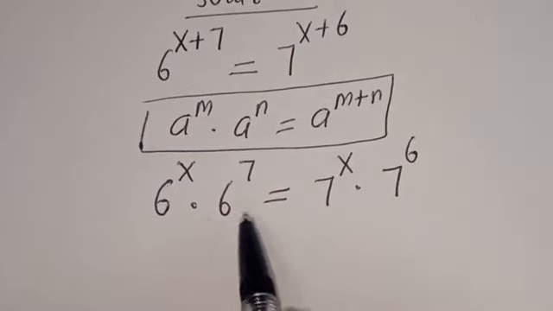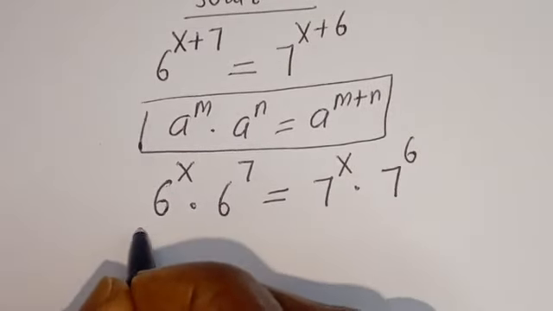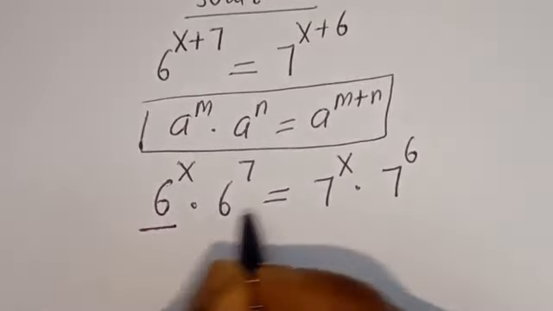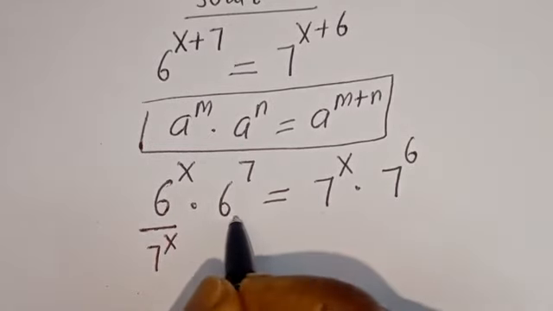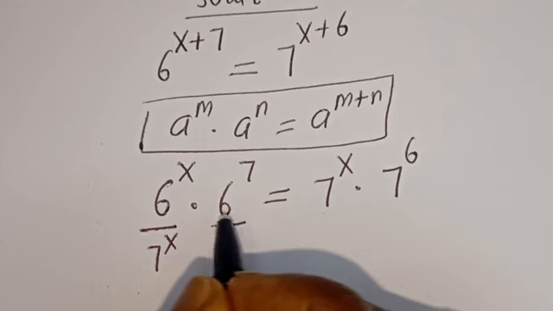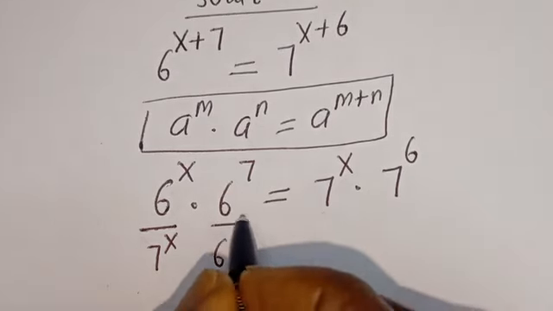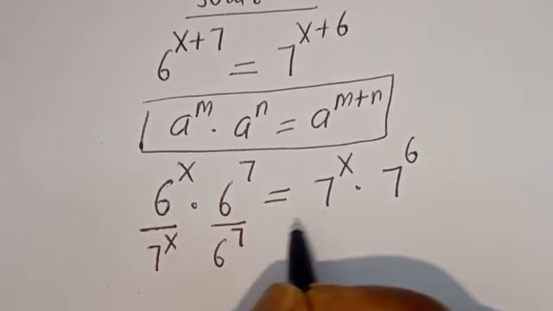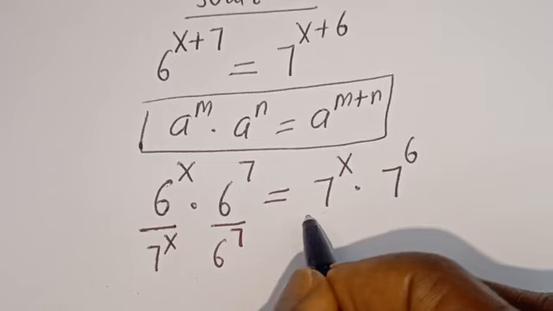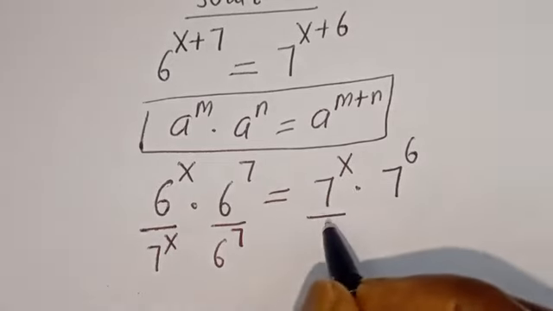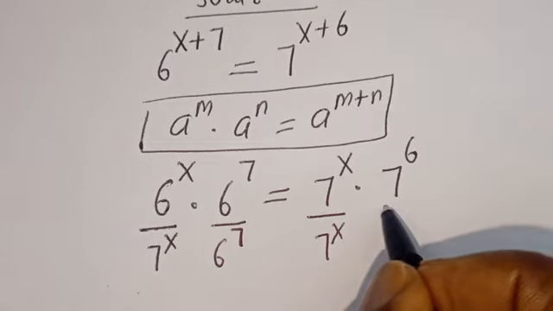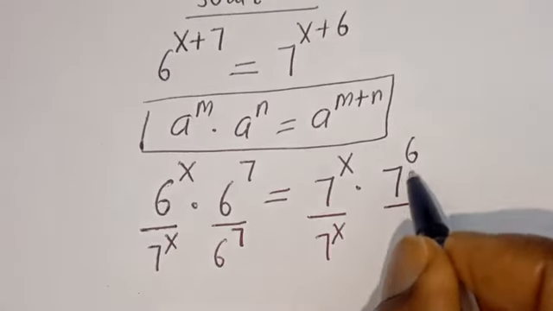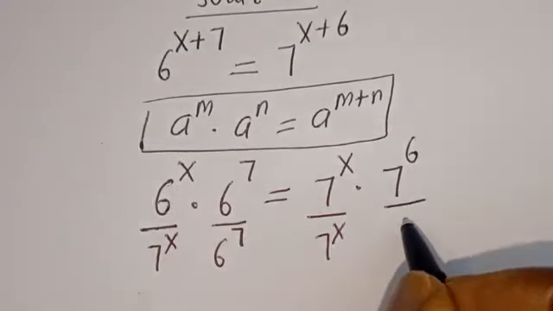Now, at this point, here is the trick. Let's divide this 6 to the power of x by this 7 to the power of x, and this 6 to the power of 7 by 6 to the power of 7 here. Also here, let's divide this 7 to the power of x by 7 to the power of x, and this 7 to the power of 6 by 6 to the power of 7.